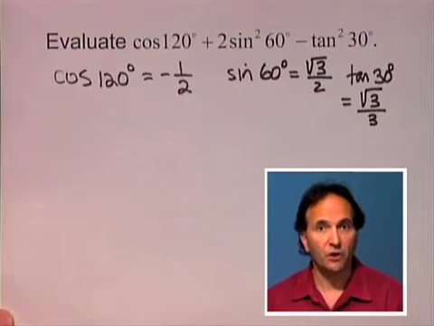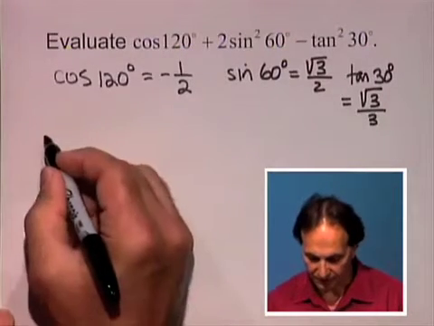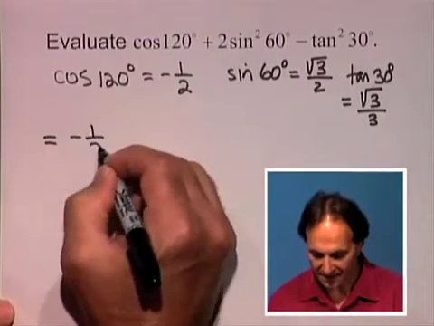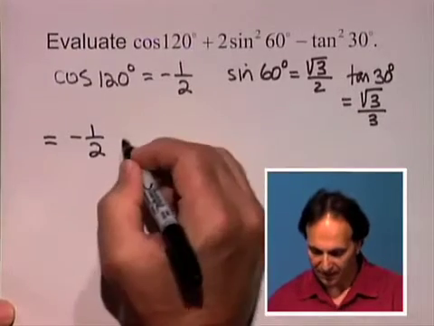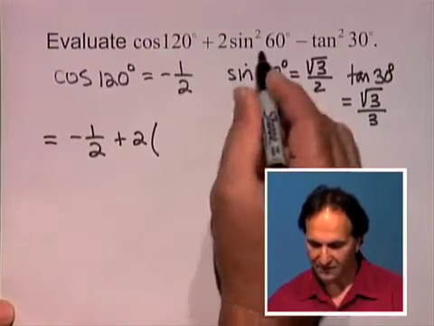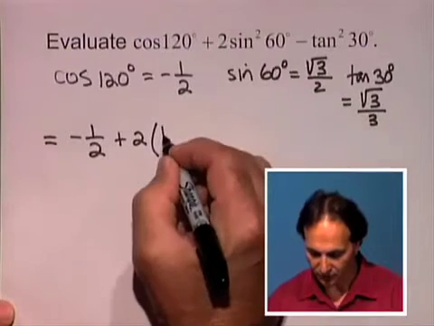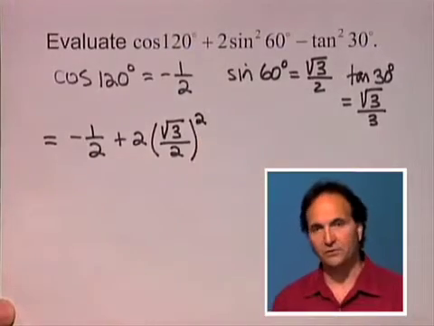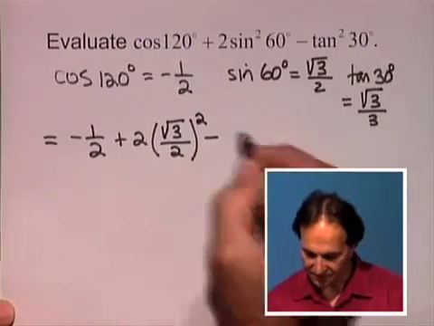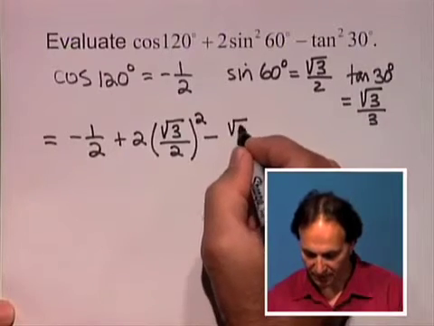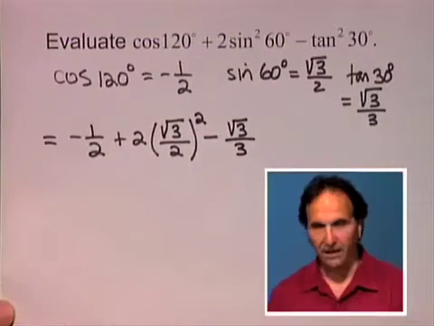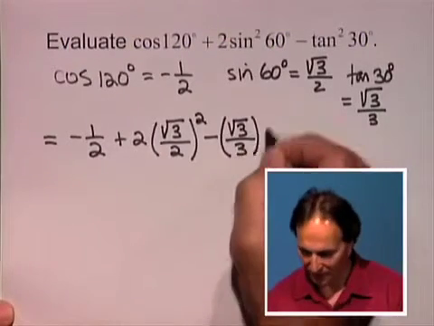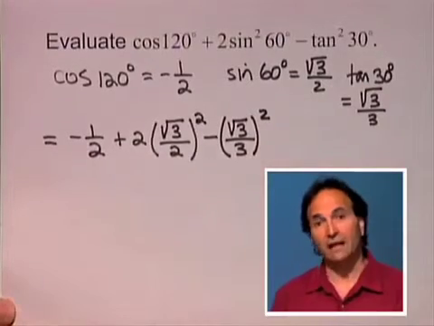Now we'll substitute those values into our expression. So this is going to be equal to the cosine of 120, negative 1/2, plus 2 times the sine of 60 squared, so square root of 3 over 2, all squared, minus the tangent of 30, the square root of 3 divided by 3, and that's also quantity squared. So now let's simplify.